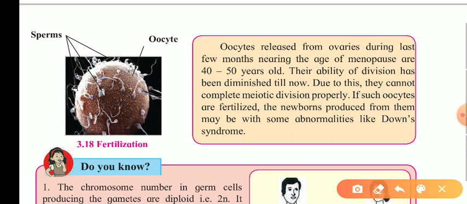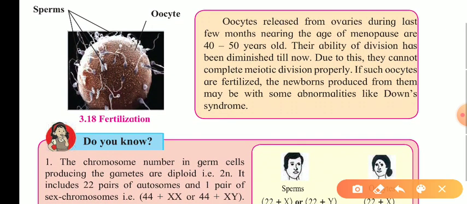You can see over here the picture has shown that the oocyte is present and a number of sperms stick to it. Out of those millions of sperms which stick to the oocyte, only one will be able to enter inside. Further, they have mentioned the oocytes released from the ovaries during the few months nearing the age of menopause, 40 to 50 years old.